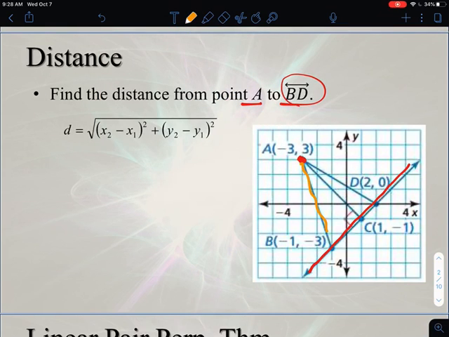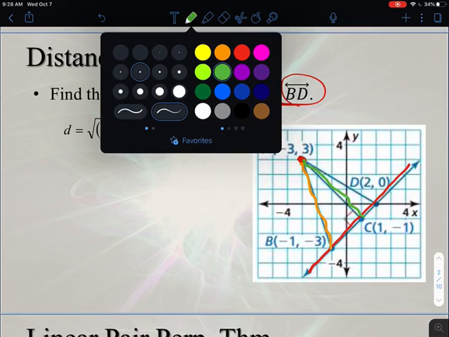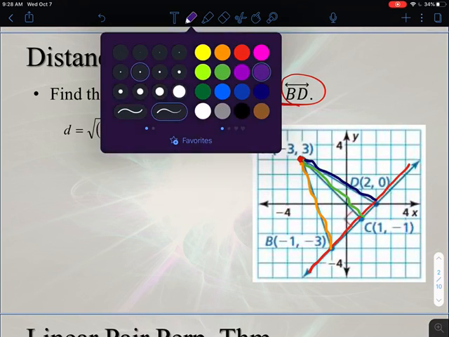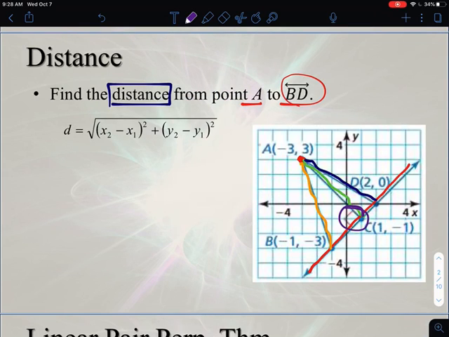I've got a path that I'm going to highlight in orange from A to B. I've got a path that I'm going to highlight in green from A to C, and then a path that I'm going to highlight in blue from A to D. Now I've got 3 different paths to travel from point A to line BD, but they're asking about the distance. So the distance is the one that has that perpendicular symbol. They have to be perpendicular to one another.